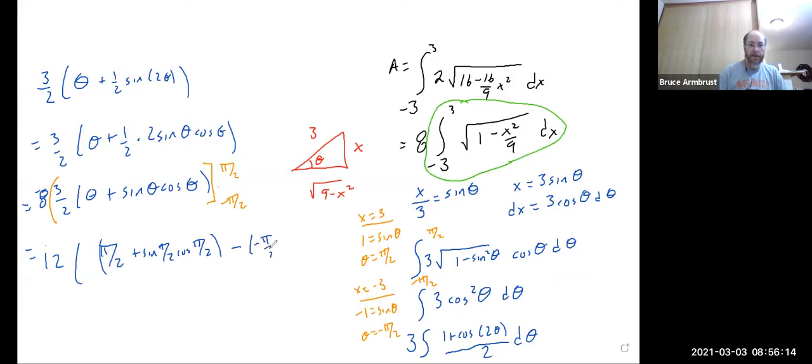Minus, negative pi over 2 plus sine of minus pi over 2 cosine of minus pi over 2. And for these, the cosine of pi over 2 and cosine of minus pi over 2 are both 0. So we're left with 12 times pi over 2 minus a negative pi over 2, which was where we ended up being anyway. So we get 12 pi.